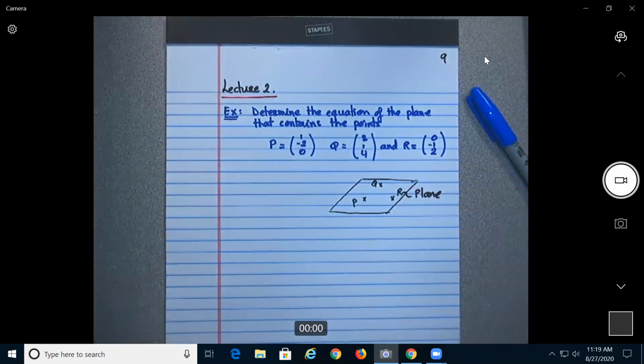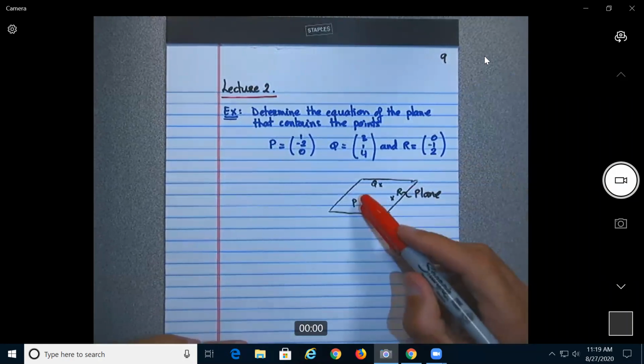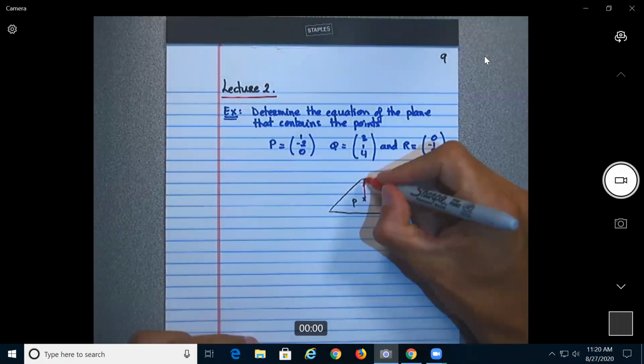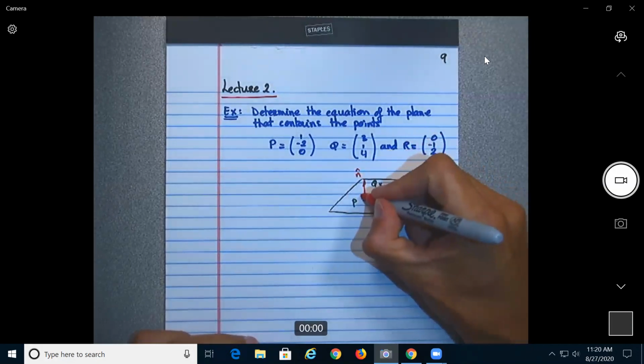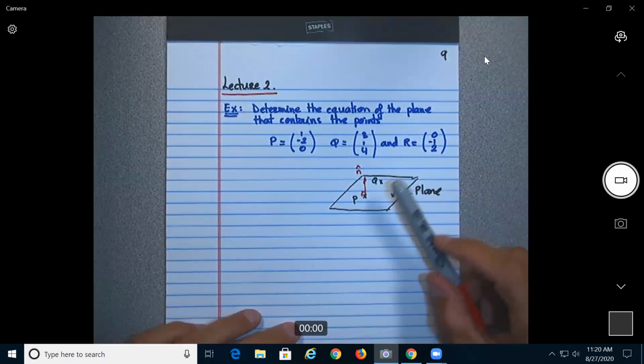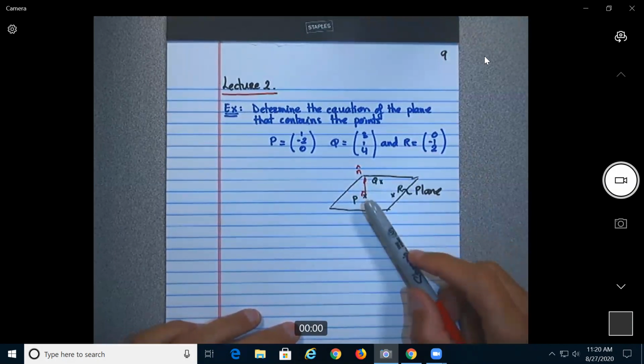Okay, and if you remember last time, in order to find the equation of a plane, you were assuming that you had a perpendicular vector to the plane, no? So that's why we need 3 points in order to find n. So in order to find the equation of the plane, we need to know basically one point and the vector n.